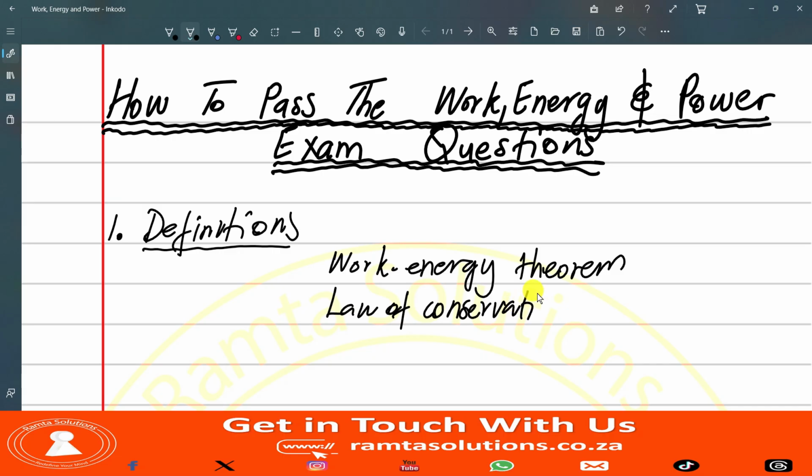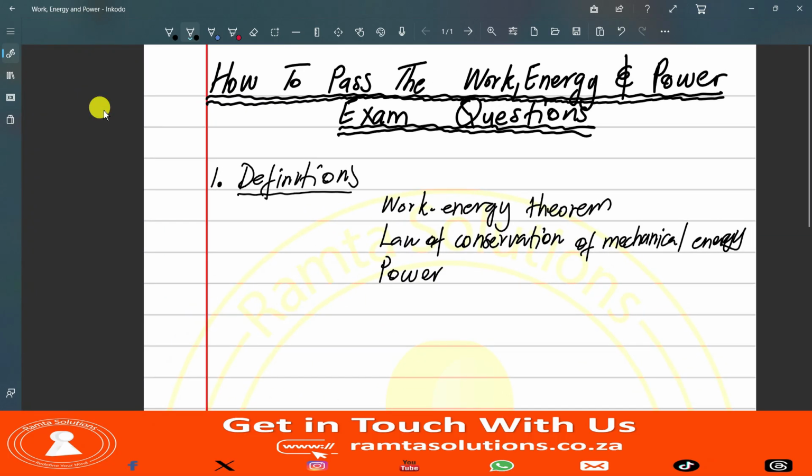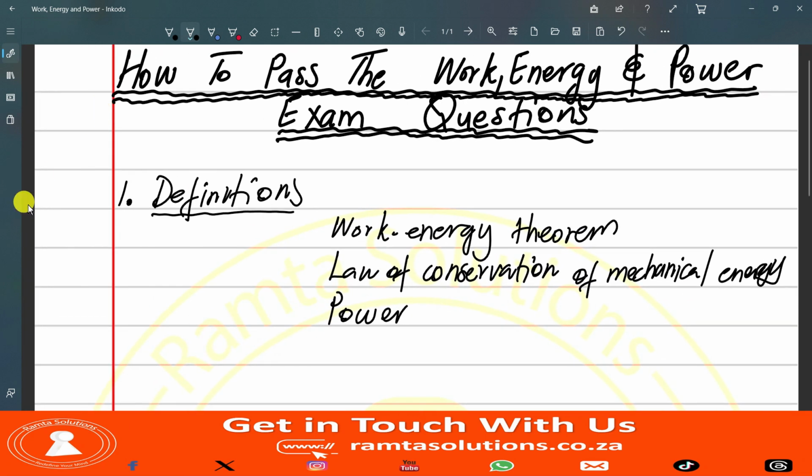The law of conservation of mechanical energy. You need to also know the definition of power. Let's zoom this nicely.